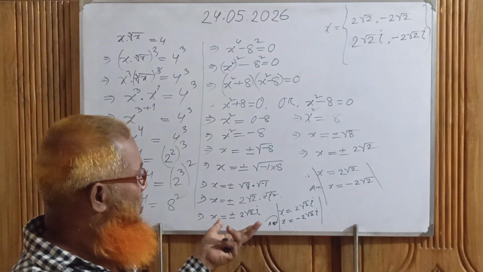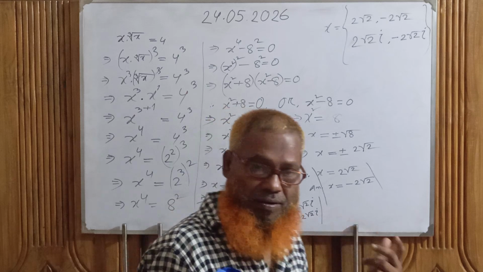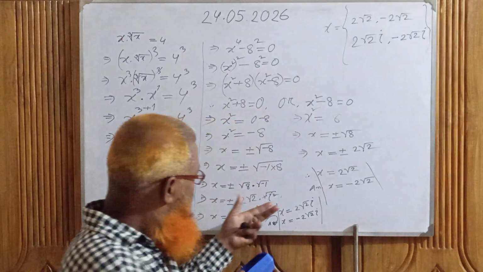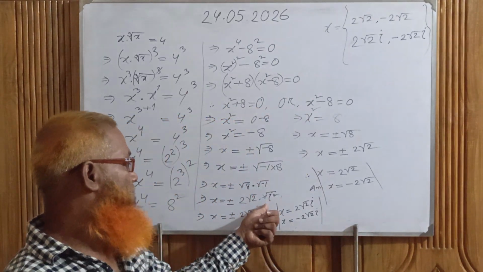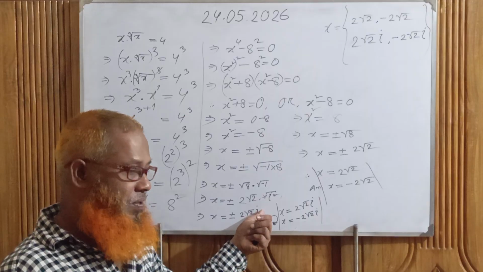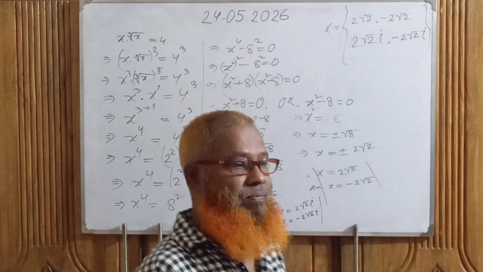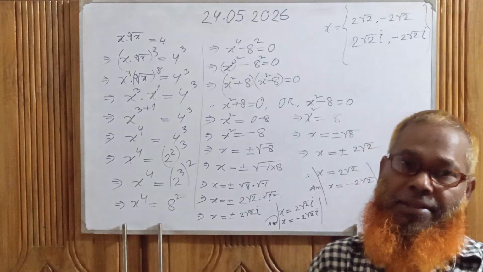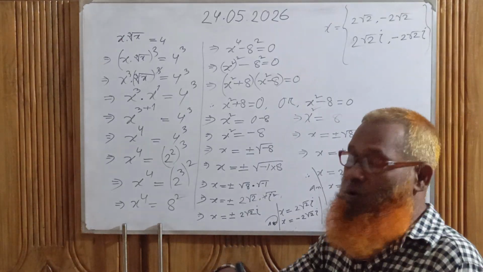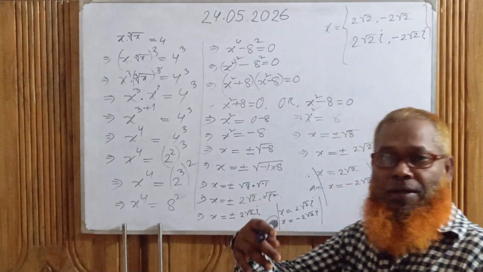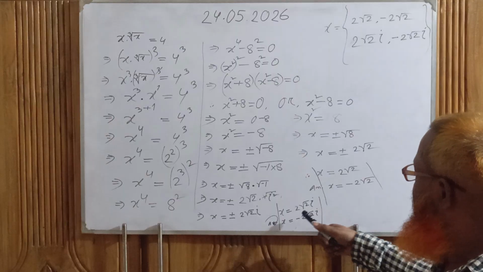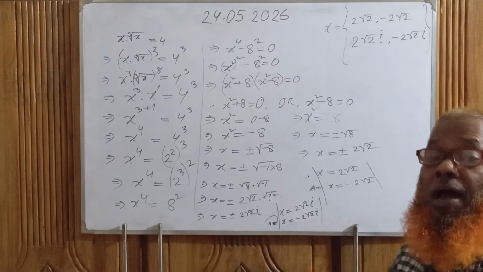And we have to realize about this imaginary unit. This is the mathematical rule: if there is any negative under the root and we want to remove the negative, we use the imaginary unit, which is called i.